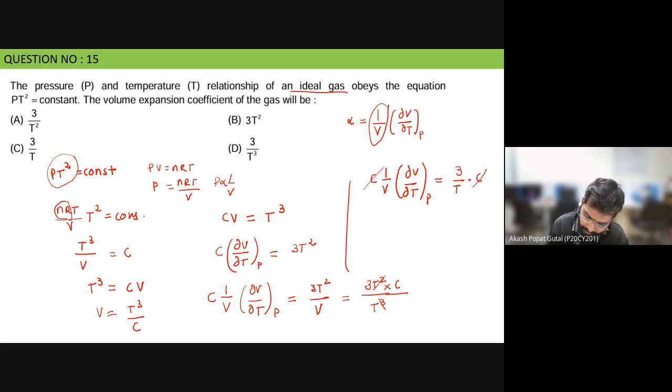Then we get alpha is equal to 3 by T. Fine. Answer is C.